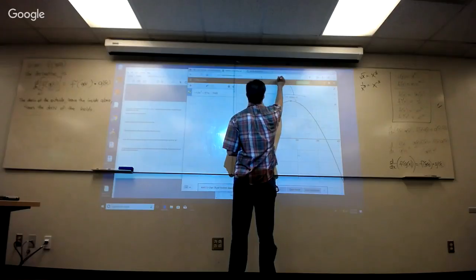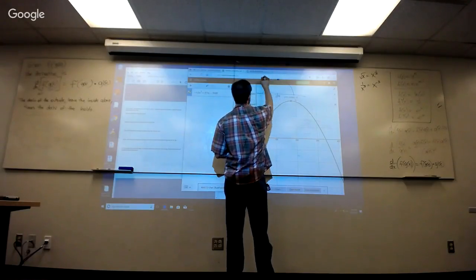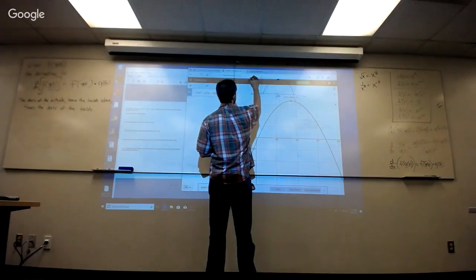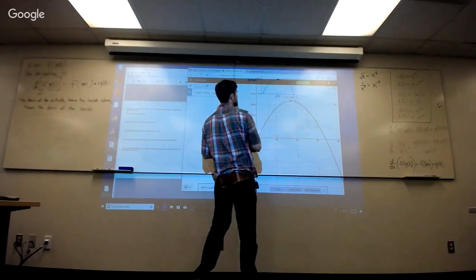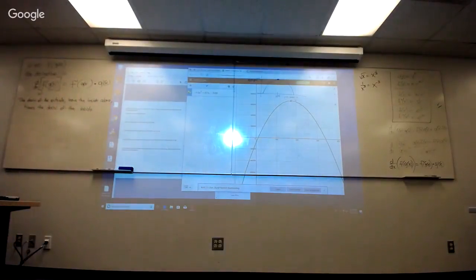The maximum profit is when I sell 175 objects. I'm cheating right now, right? I'm looking at the graph. And my profit is going to be $68,062.50. So by looking at the graph, we're getting all the information that we're going to use calculus to get. I also know my x-intercepts are at 10 and 340.